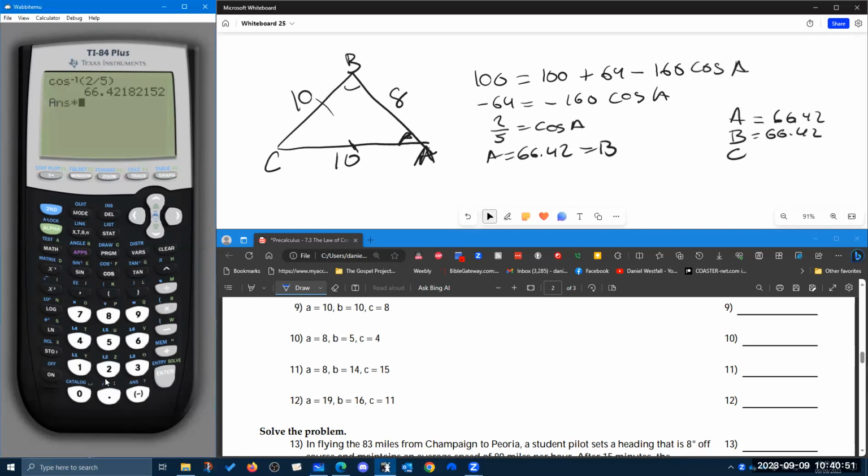Times 2, 180 minus that, it's going to give me 47.16.